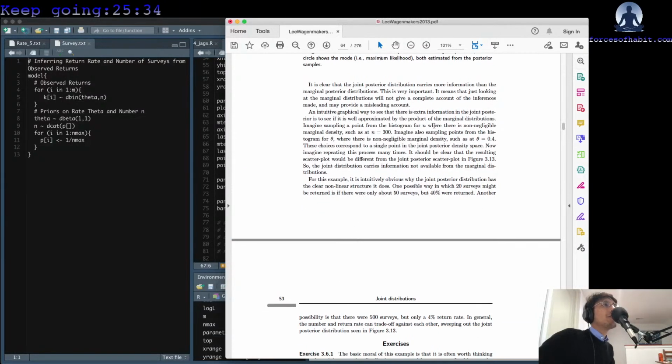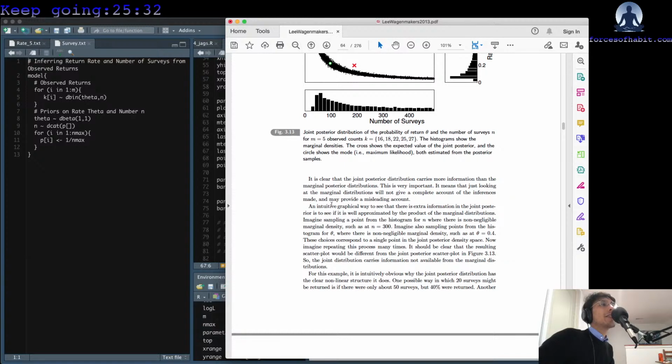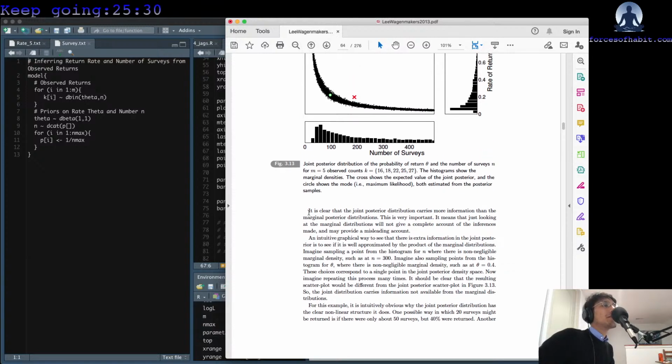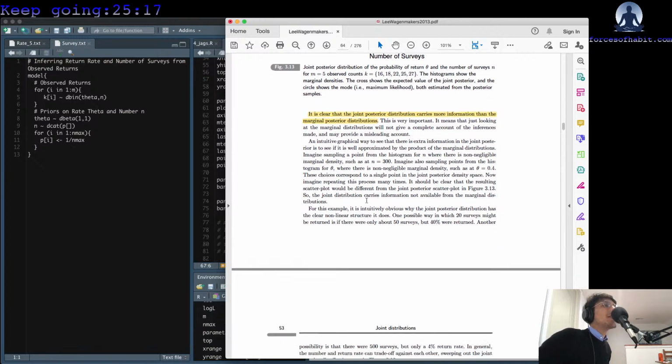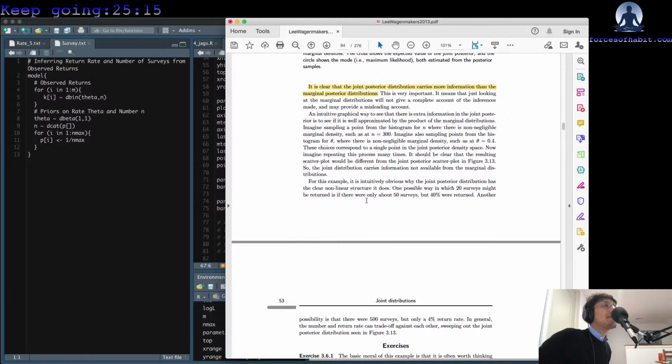It is clear that the joint posterior carries more information than the marginal posterior distributions. Quote, very important. This means that just looking at the marginal distribution doesn't give us a complete account of inference, so it might be misleading.